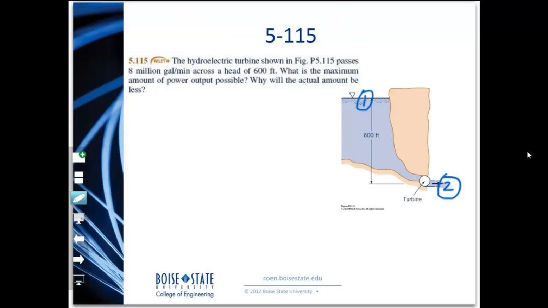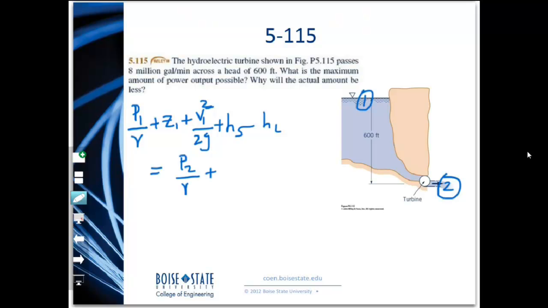All right, so if you go ahead and write the energy equation, P1 over the specific weight plus Z1 plus V1² over 2g plus the head minus the loss will be equal to P2 over specific weight plus Z2 plus V2² over 2g.